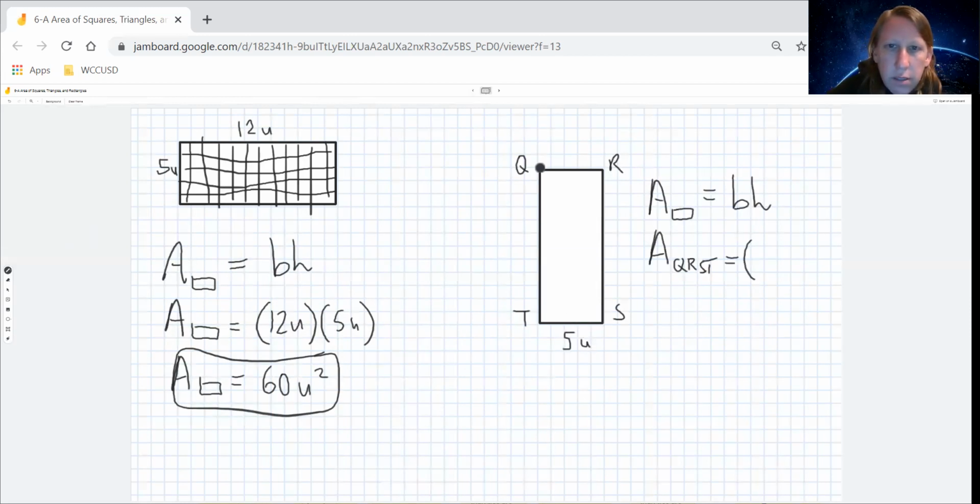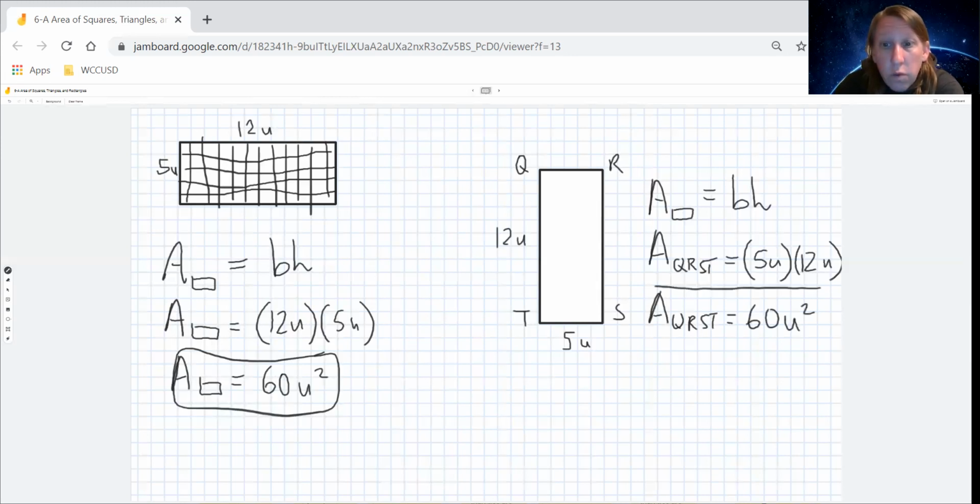What's the height? 1, 2, 3, 4, 5, 6, 7, 8, 9, 10, 11, 12, 12 units. My goodness. Are these the same? Are they congruent? Same size, same shape? Is one rotated 90 degrees? Yes. Okay. And my point exactly is that the order doesn't matter, but the area of rectangle QRST is 60. Units times units, units squared.